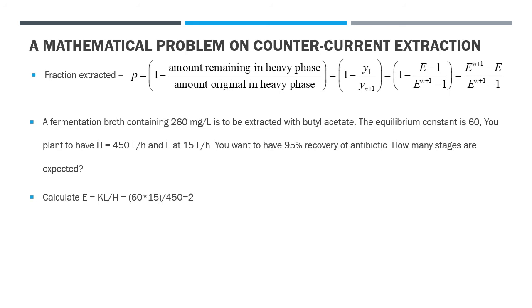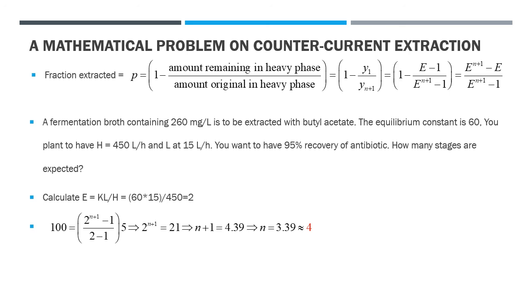First step is to calculate the value of E, that is K into L by H. K is 60, L is 15, and the heavy phase flow rate is 450 liters per hour. If you simply do it, we find the value of E is 2. We want 95% recovery, so going to the original equation, on the left-hand side you see 100% heavy phase, and 5% will come out through the heavy phase because 95% is being extracted.